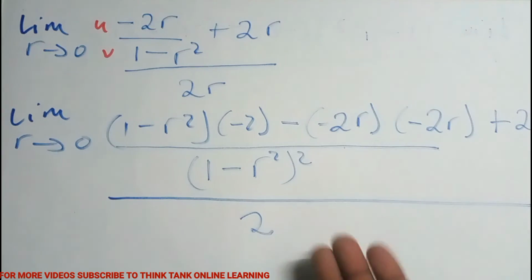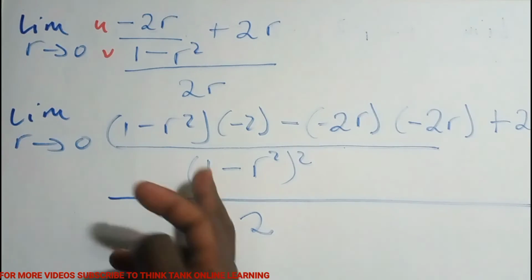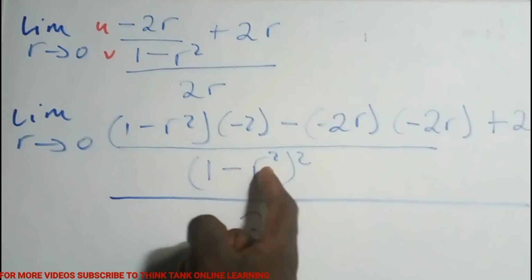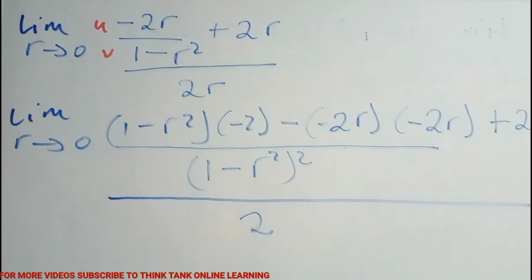The function is now defined, because if we replace r with 0, we're left with 1.